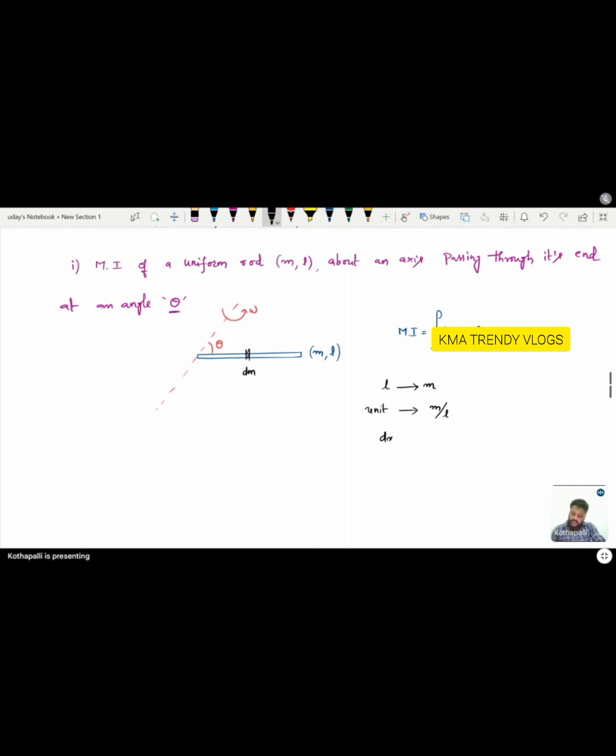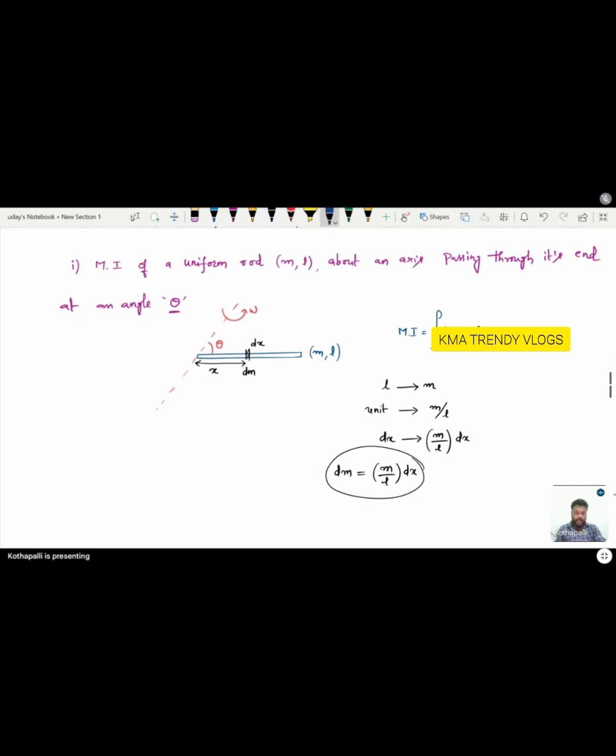In a dx length, where I am taking x from the axis of rotation and dx is this small part, the mass will be m by L into dx. So dm, the mass in that small dx length, is m by L into dx.